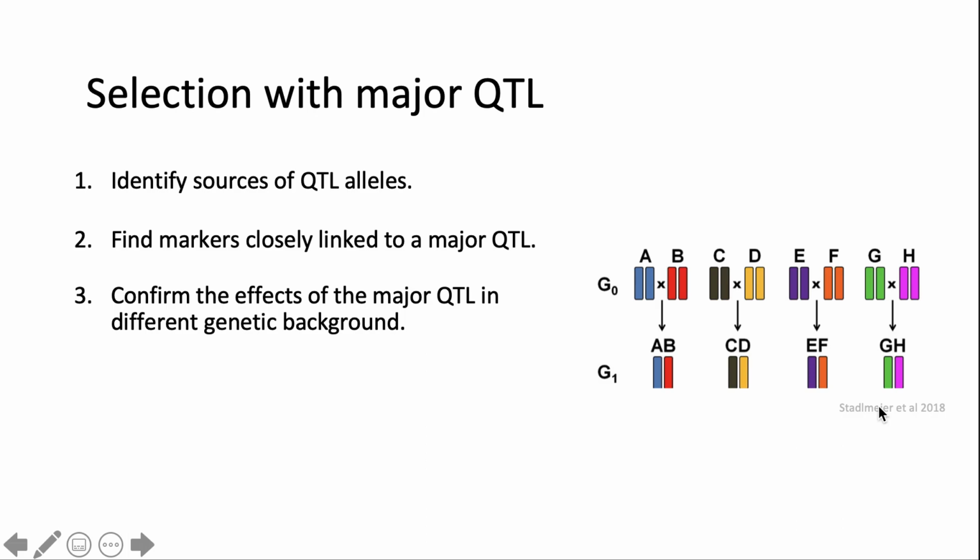When we have identified the QTL location with molecular markers, we have to confirm the effect of that major QTL in different backgrounds. That is really important because usually with QTL analysis, the studies finish in the paper.